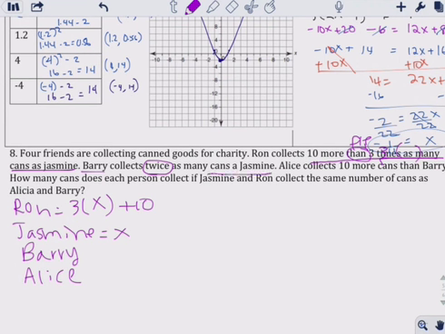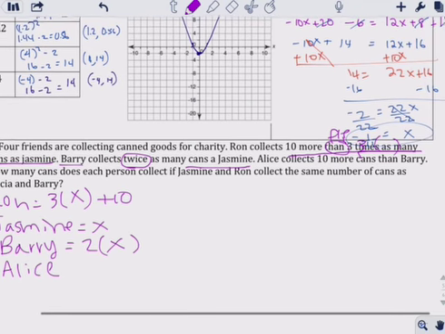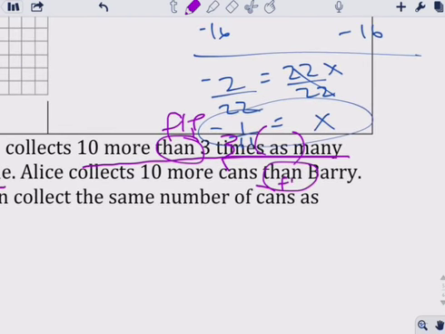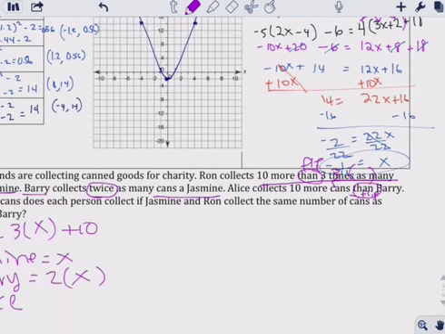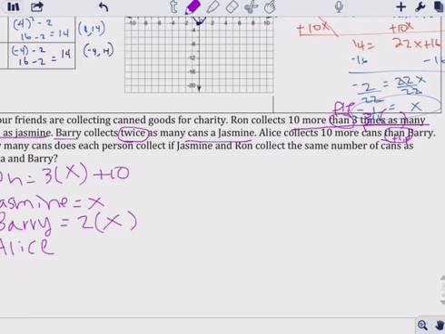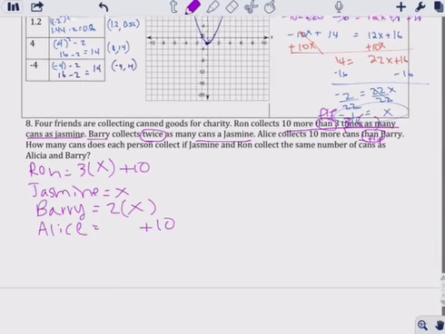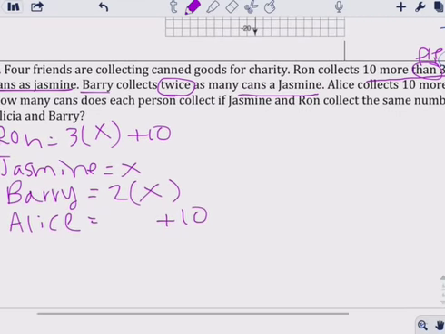So Jasmine is x. Barry is 2 times Jasmine, which is 2x. Okay, Alice collected 10 more cans than Barry. That means to flip. Alice is plus 10 than Barry. Barry is 2x.